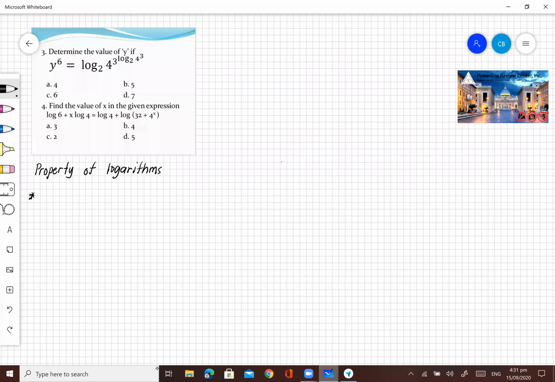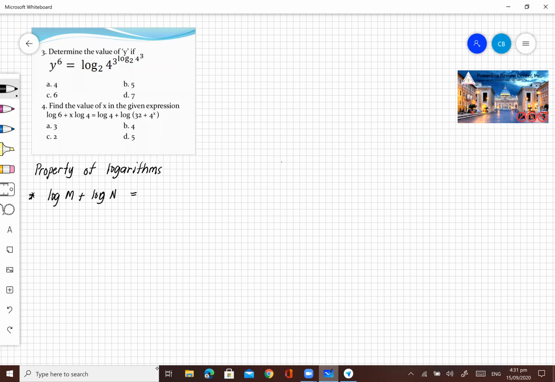So, you have, let's say, the logarithm of m plus logarithm of n. So, addition of logarithm. Anong condition yan? You may apply only this one if they have the same bases. Alam natin, we have several bases for logarithm. Unless otherwise stated sa problem, we are dealing with same bases.